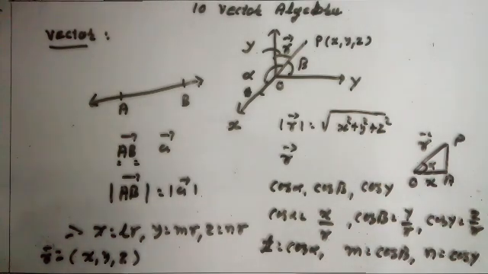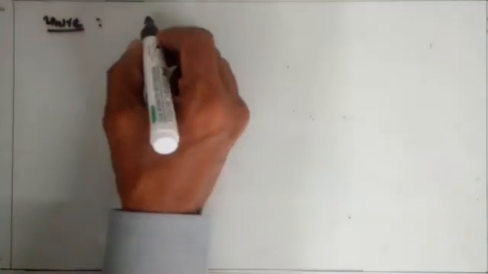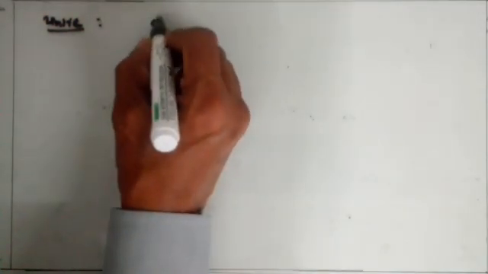Now here we discuss the types of vector. First, a unit vector. A vector whose magnitude is 1 is called a unit vector. So remember this here.